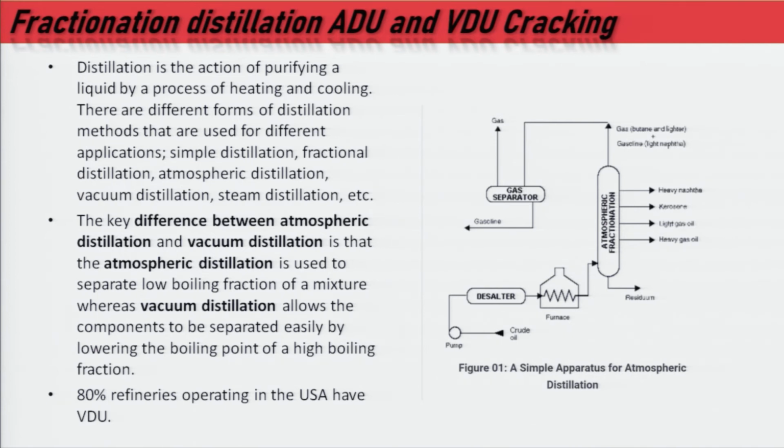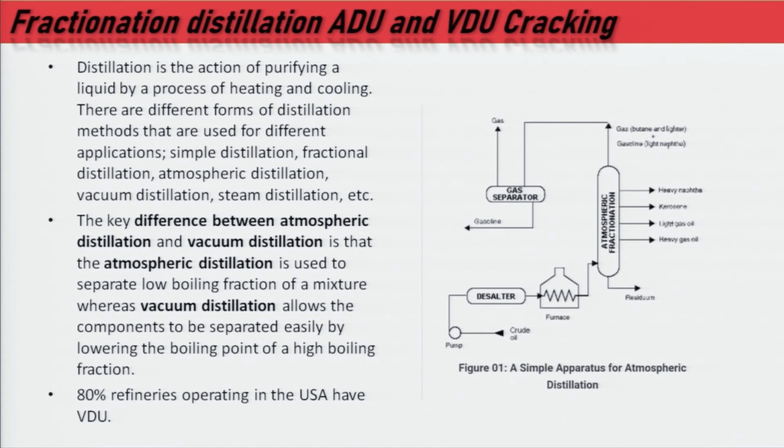First of all, crude oil from the source is pumped to the desalter, where salt is removed. Then a very light furnace removes some moisture and other components, and then it is passed through the atmospheric fractional distillation column, meaning the pressure inside this column is 1 atmosphere.